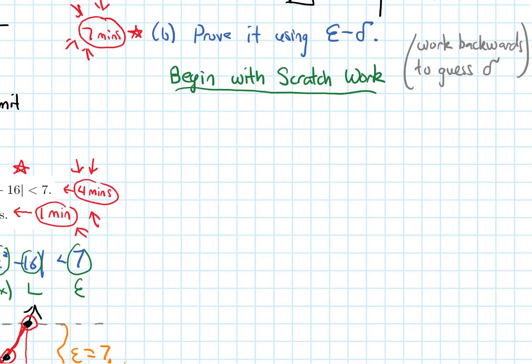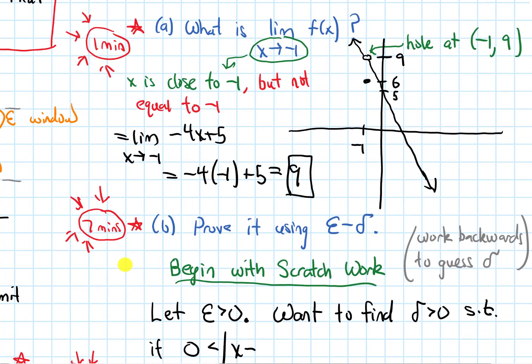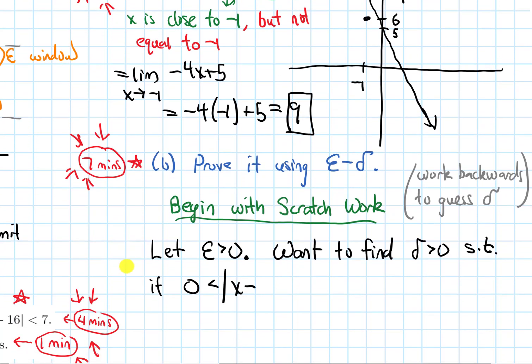All right, so returning to our scratch work, I usually get it started by writing the overall statement. So I'm going to let epsilon be greater than 0, and what is it that we're trying to do? We want to find a delta that's greater than 0 such that if 0 is less than the absolute value of x minus, what was our a? A was -1. So I'll have x minus -1 is less than delta.